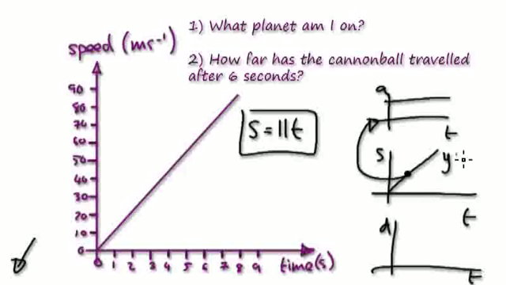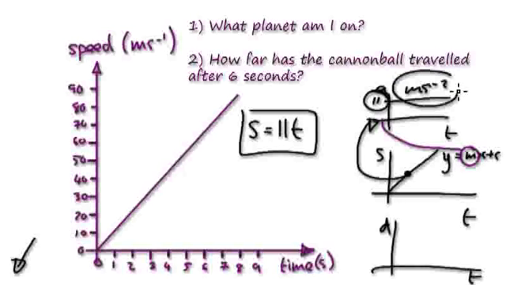This is y equals mx plus c, and m here is the gradient, which in this case represents the acceleration. So the acceleration is 11. If you go on the internet and look up what planet has an acceleration of 11 meters per second squared, it turns out to be Neptune.